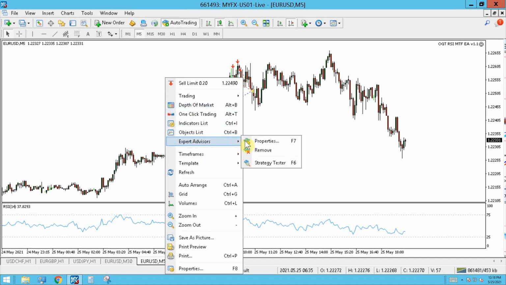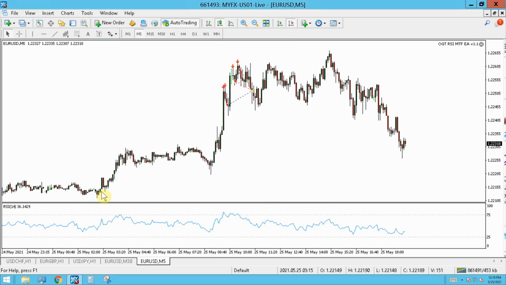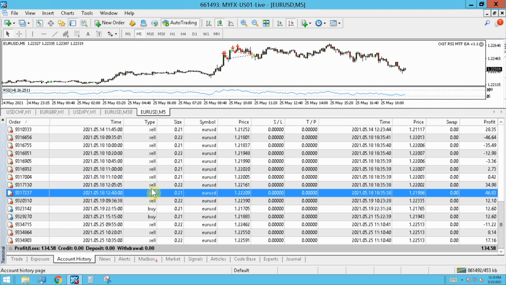What we want to do is right click on the chart, go to Expert Advisors and go to Properties. This section over here is the bit that I was talking about before. Every time it opens a trade or a cycle of trades, and the exit strategy for the cycle of trades, when you've got 3, 4 plus trades open, it looks to make 0.1% of the overall account balance per trade. So if we have a look very quickly at one where we only had one trade.